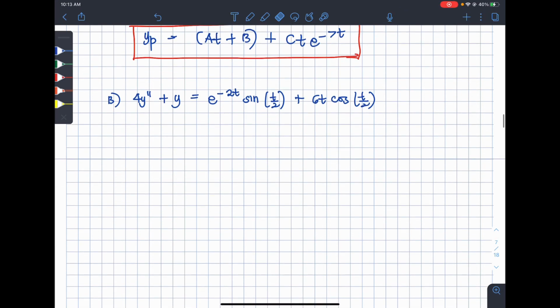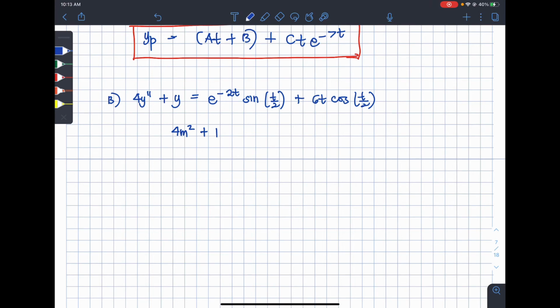Next we have y double prime plus 4y equals e raised to negative 2t sine t over 2 plus 6t cosine t over 2. We'll start with the complementary solution. So this would be 4m squared plus 1, which equals 0.